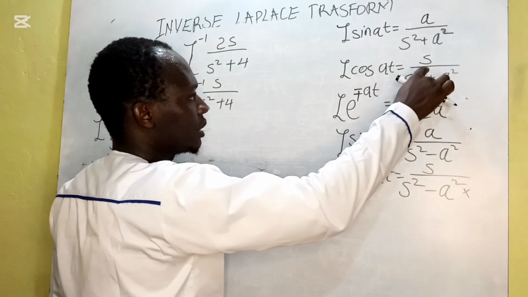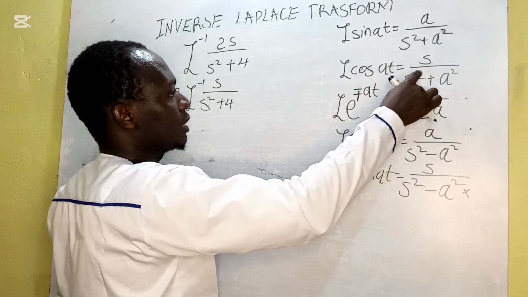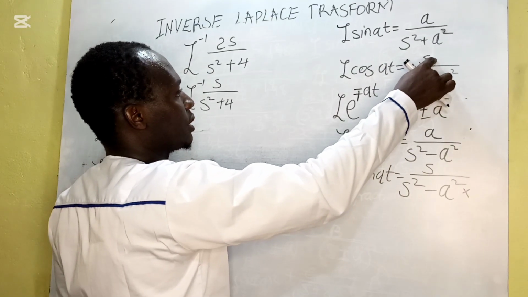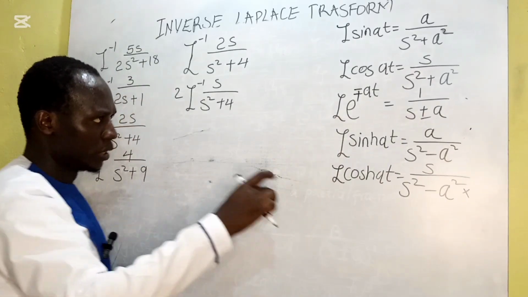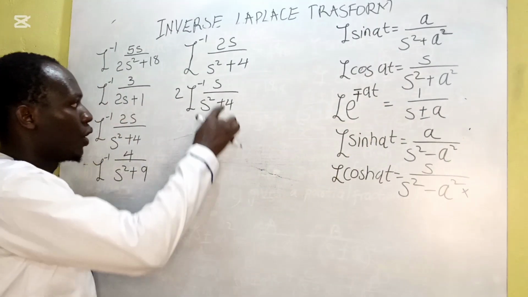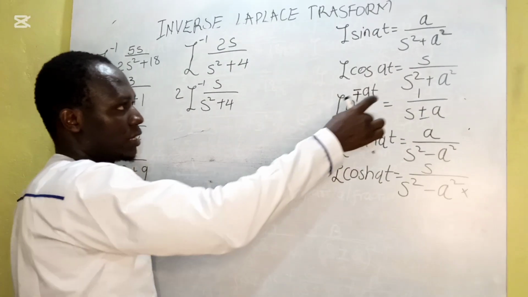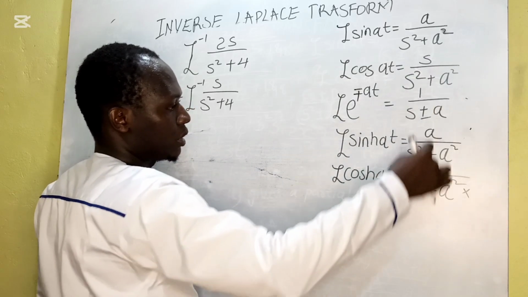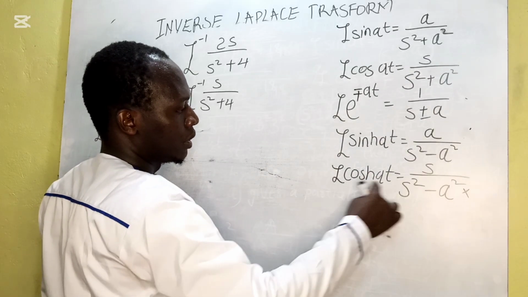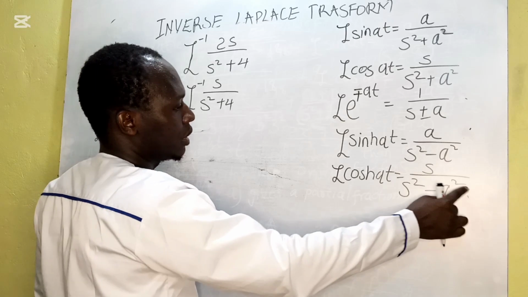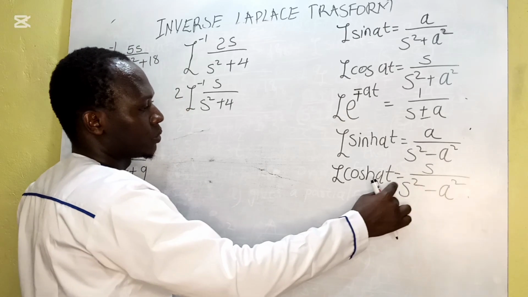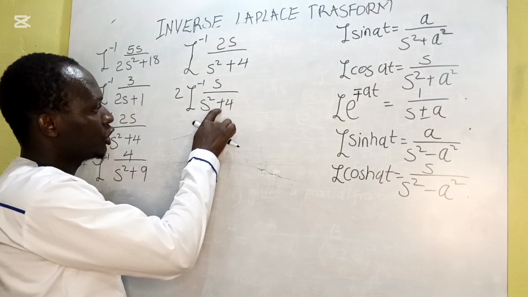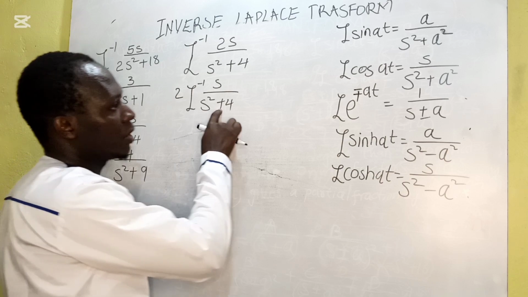When we come to this side, we understand that it is going to match s. We start with the numerator. The ones that have got s on the numerator are cos at and cos hyperbolic at. But when you check on the denominator, here we are having a positive.